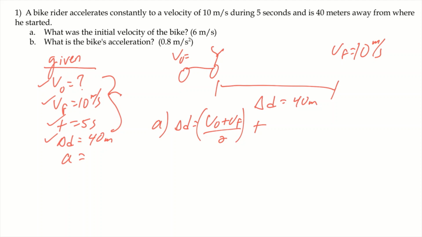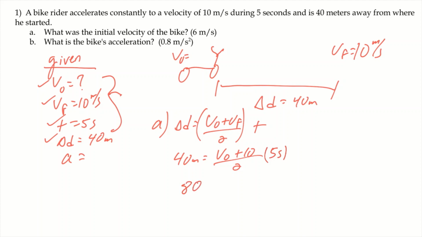In this case, our displacement was 40 meters. Our V initial is unknown. V final is 10, divided by 2, times T. At this point, it's just an algebra problem. Actually, we do know the T, don't we? So let's go ahead and write that in. The T was 5 seconds. So we'll multiply both sides by 2.